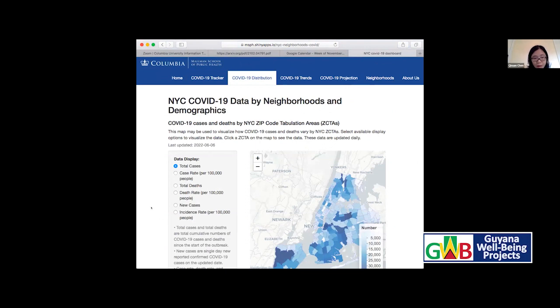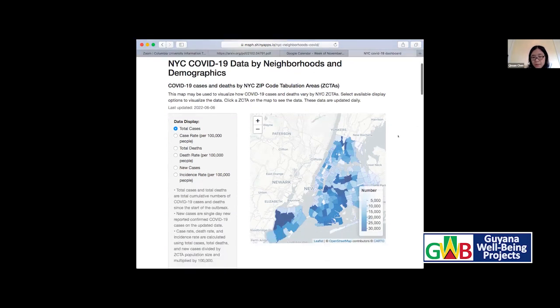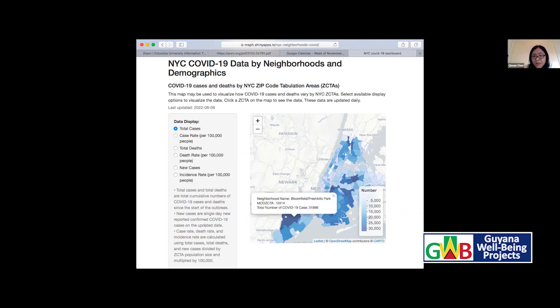We have different outcomes, and here it shows the total cases for June 2022, and you can see this map. Anywhere colored in blue is part of New York City. We have different zip codes, and the darker color represents the neighborhoods that have more cases. If you click on a neighborhood, it can tell you the name of the neighborhood and the total number of COVID-19 cases.